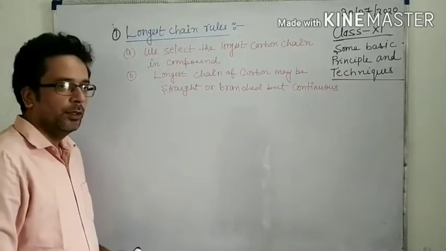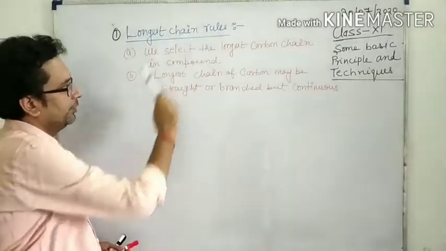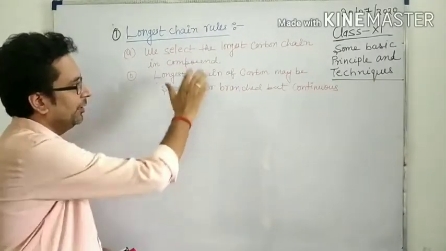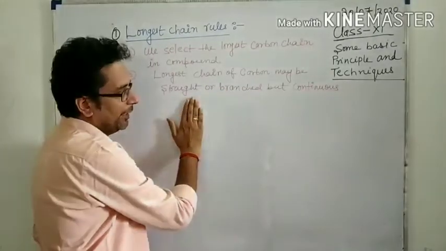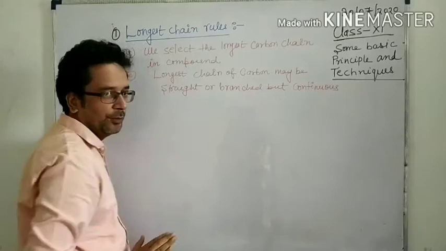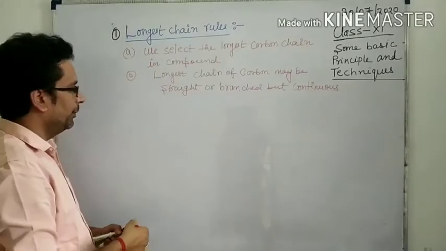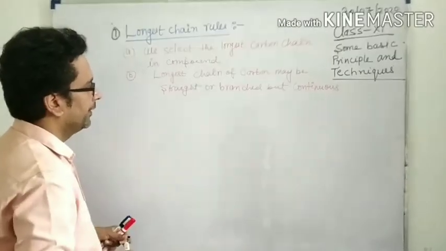So the first rule is the longest chain rule. We select the longest carbon chain in the compound, and the longest chain of carbon may be straight or branched but continuous. Okay, now example.